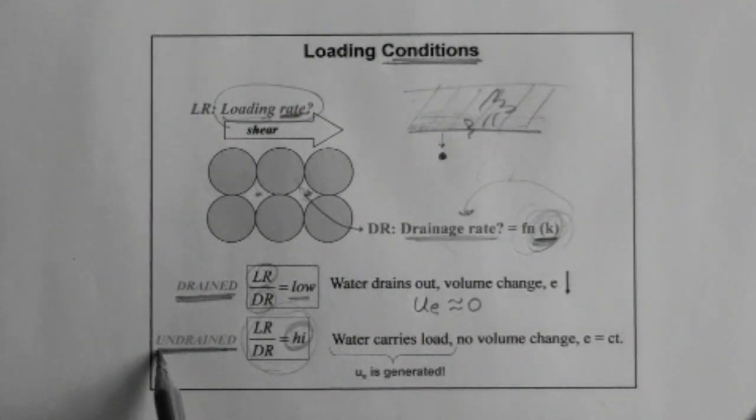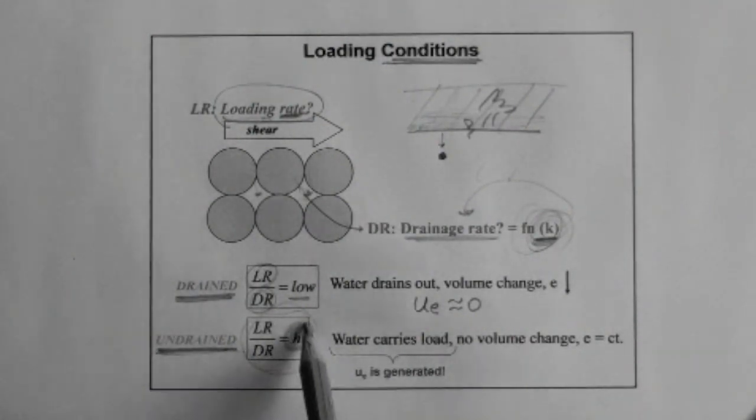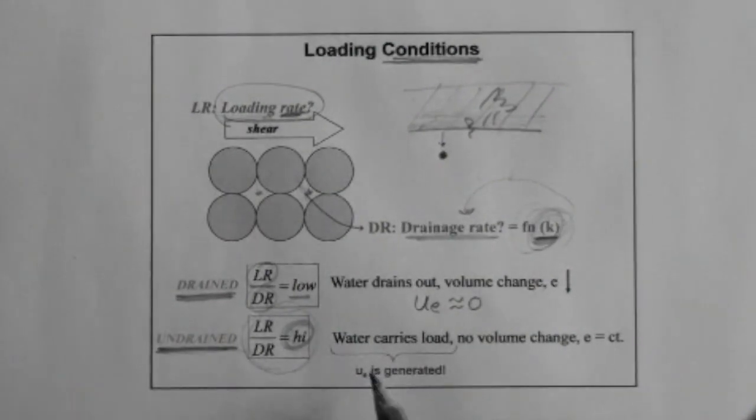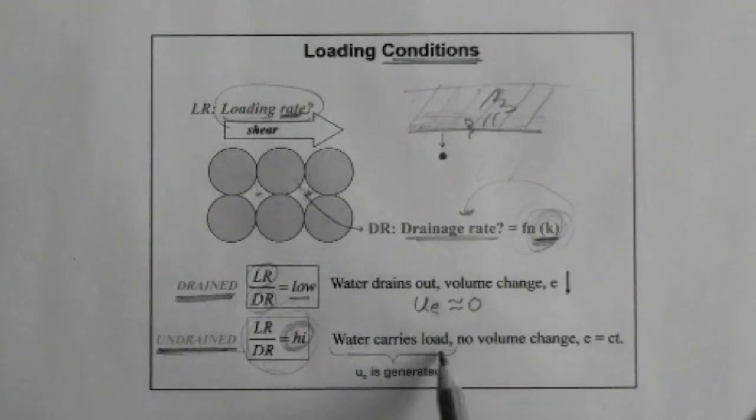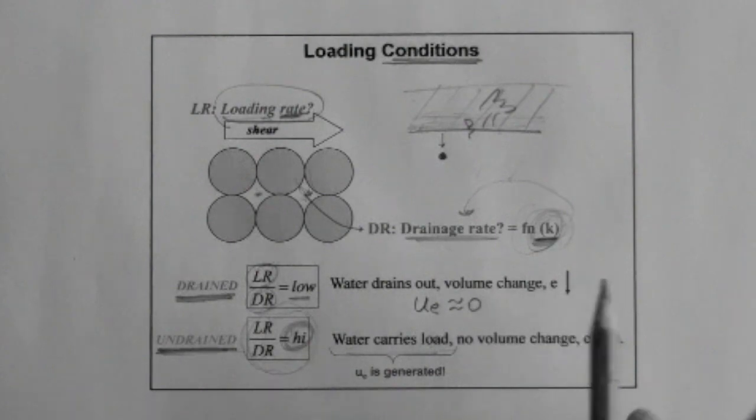If the condition is an undrained condition, which means that this ratio is high, then what happens is that the water carries the load, as we said. It carries the delta sigma that is imposed. The particles don't even know the load is there at that moment in time. And because the water carries the load, it gets pressurized.